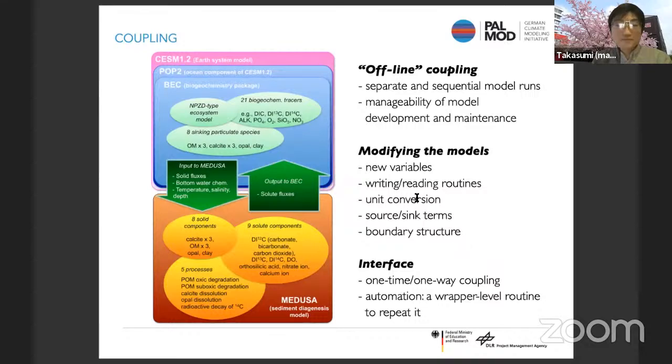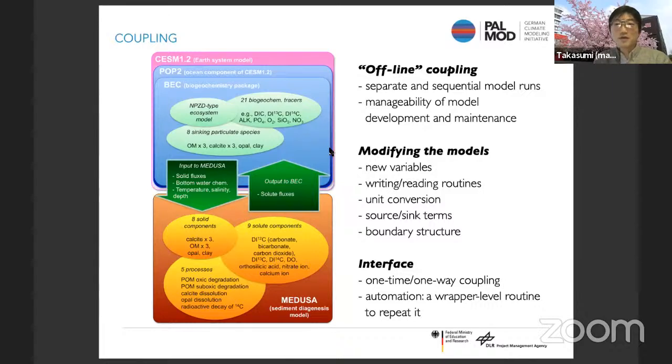For the coupling from POP2, we took the solid particulate fluxes, bottom water chemistry, and temperature, salinity, and depth information from POP2 and gave them to MEDUSA to drive this model. From MEDUSA, the solute fluxes from dissolution are given back to POP2. The communication between the two models was done in an offline manner.